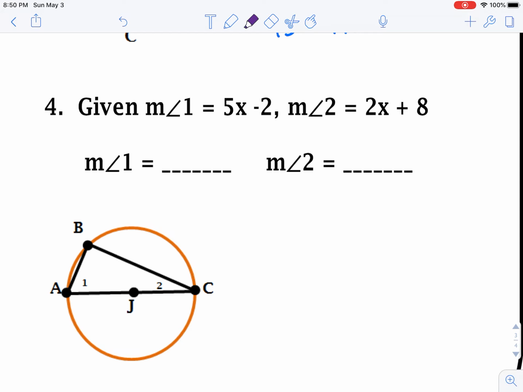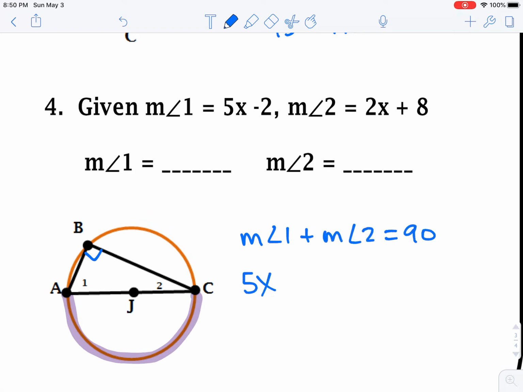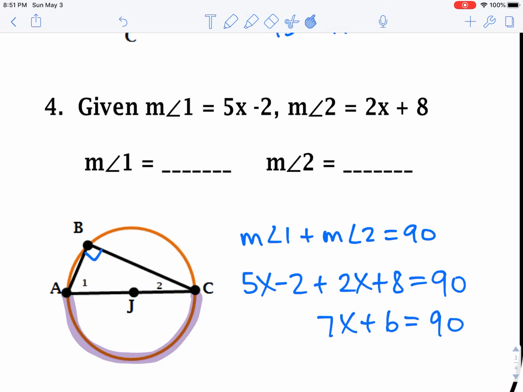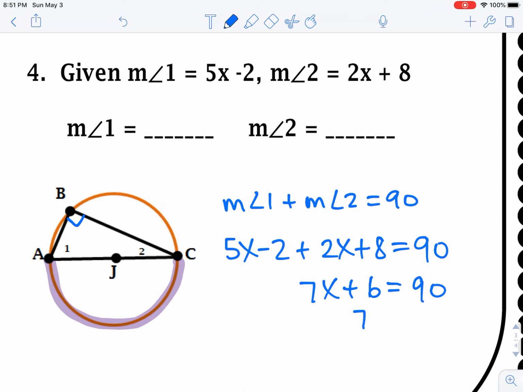And example 4. Again, we have a semicircle, so angle B is 90. So angles 1 and 2 must add up to 90. So 5x minus 2 plus 2x plus 8 equals 90. 7x plus 6, subtract 6, divide by 7.